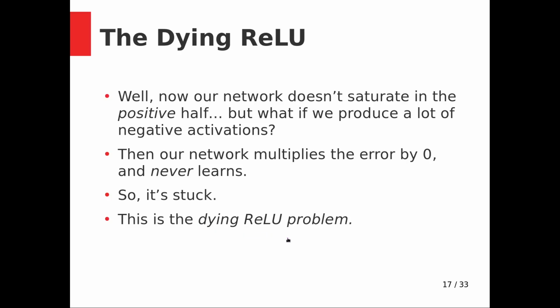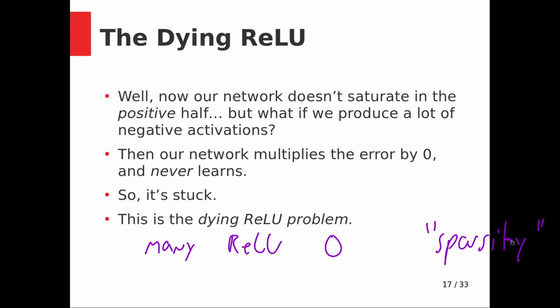Fun quick fact: the 2000 paper that introduced these things noticed that many of them were zero. At any given time, if you had a bunch of ReLU units, a lot of them were going to have zero output. They thought this was a sign of sparsity, which was good, because the brain is kind of like this.